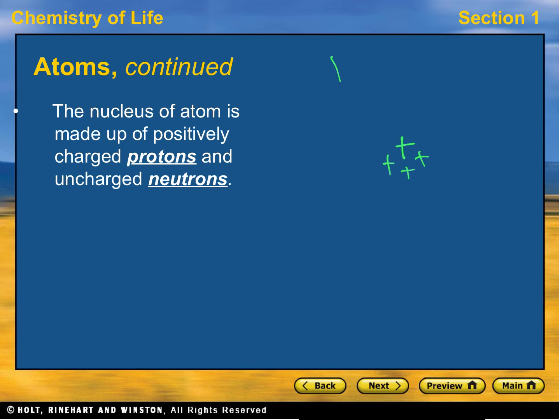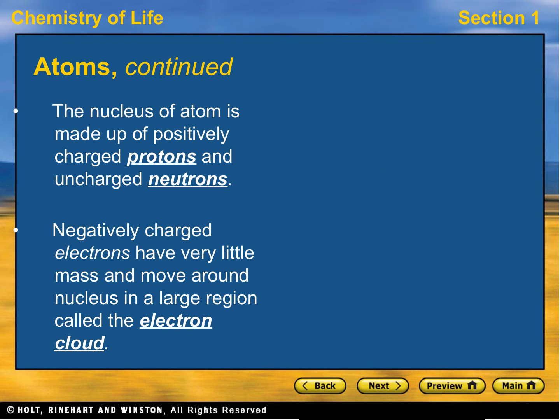I think about a proton: it starts with a P, and positive starts with a P. So a proton has a positive charge, and these are going to be in the center, and they're going to be surrounded by these neutrons, which are uncharged, or they have no charge. They're neutral.